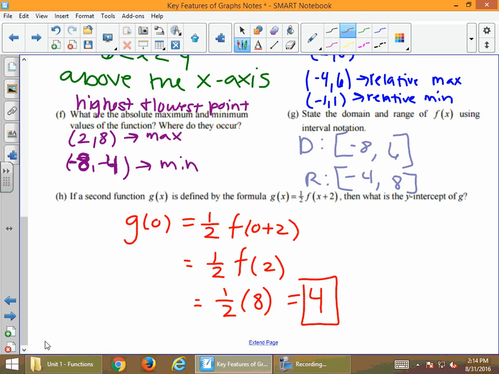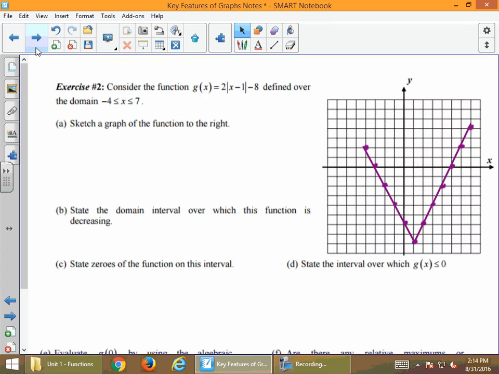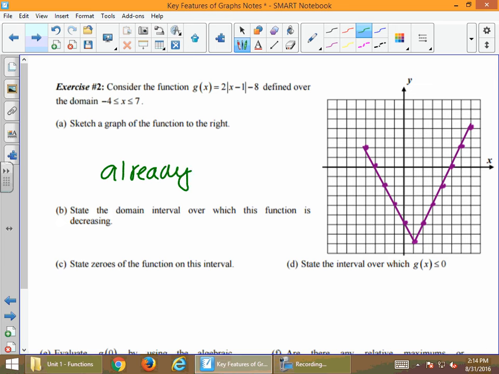Questions over there? Graph the function. Already done, I did it for you. We just want to state the domain interval over which the function is decreasing.